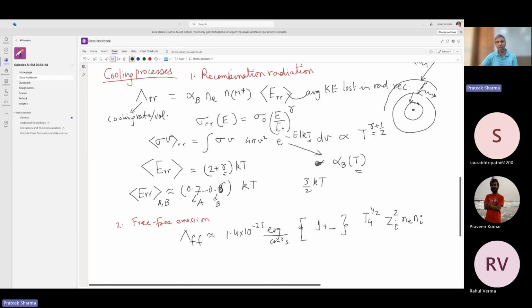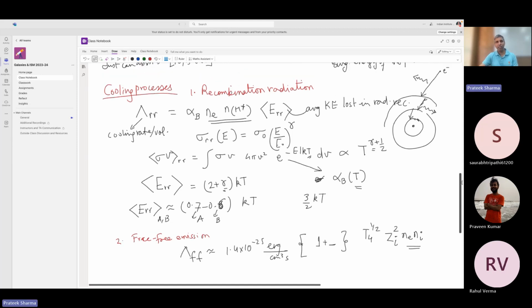And so all these radiation processes are two-body processes, right? Electron and ion come together and collide to produce Bremsstrahlung or free-free emission. So this is how it goes, it's n squared. Similarly, this one is also n_e n_i, right?